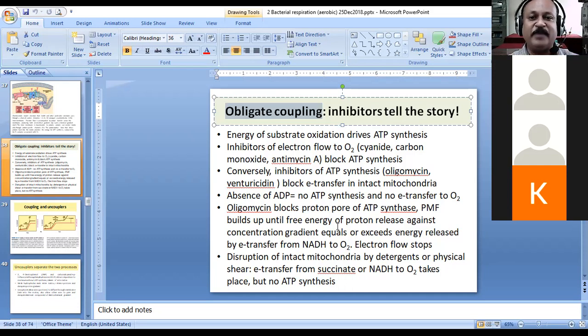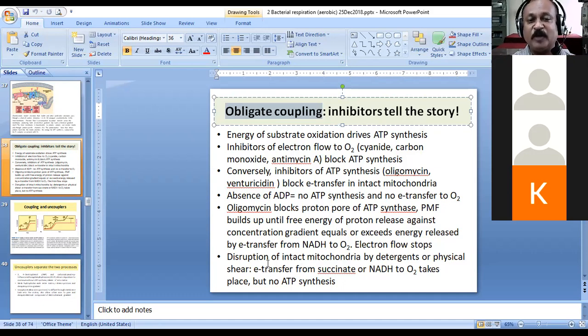Electron flow cannot happen. So that is an important observation. If we block the oligomycin sensitive portion of the F1 complex by using oligomycin, then the proton motive force will build up to a certain level, and after that level there is no more electron transfer that can take place. Till that time some electron transfer can take place.